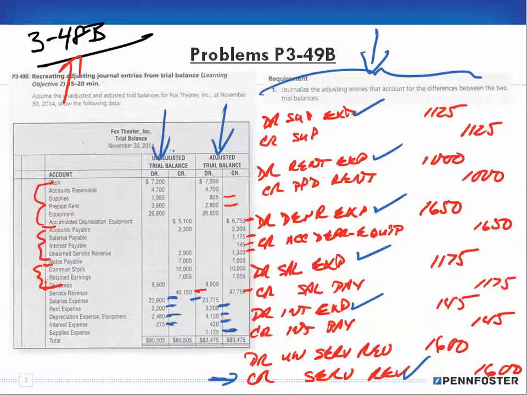The only thing we're doing is looking at it a different way, as the difference between the unadjusted and the adjusted trial balance. With that said, end of the video, and I'll see you in the next video for the next problem.